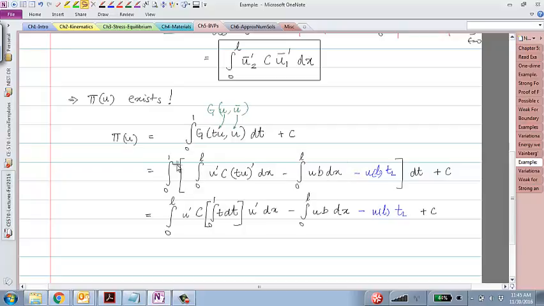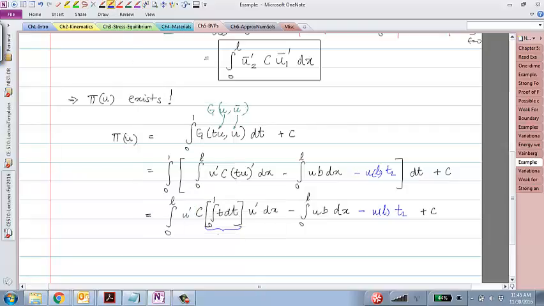Okay. Here you can see this entire term, what is the value of that entire term? The integral of t dt is t squared over 2, correct? t squared over 2 between 0 and 1 is half.